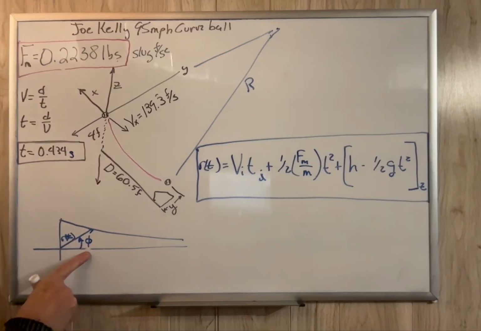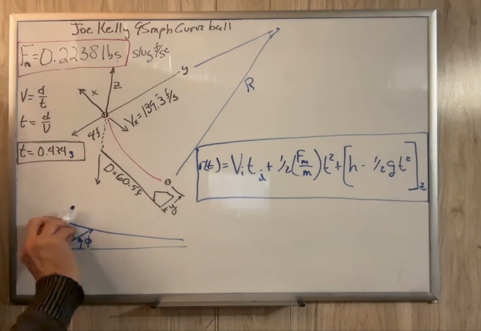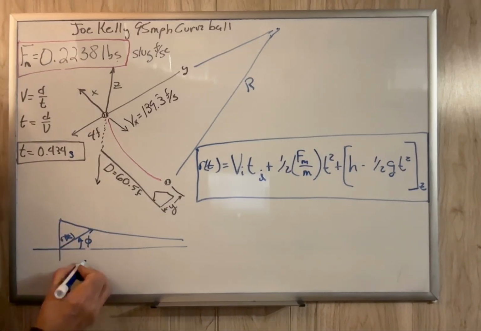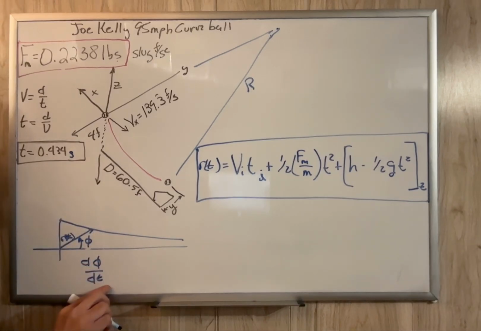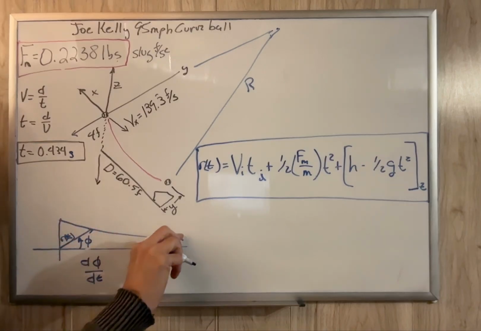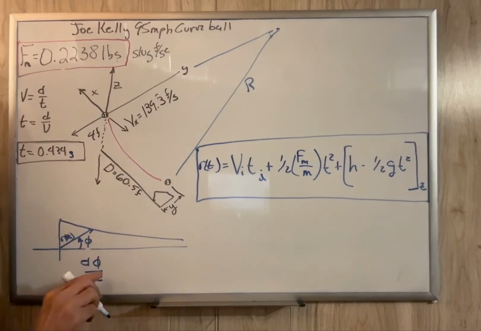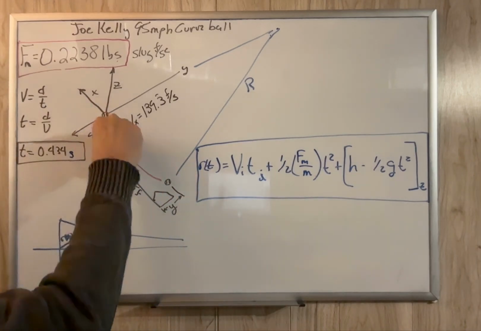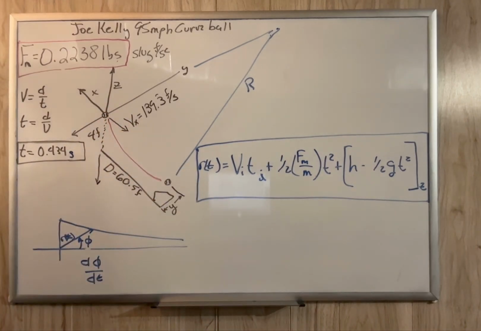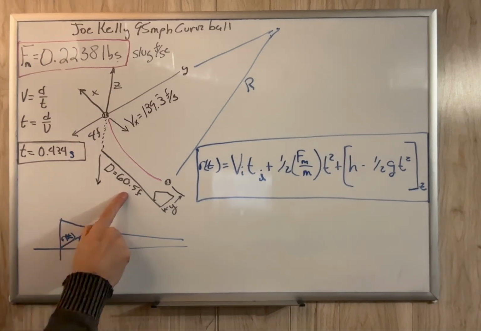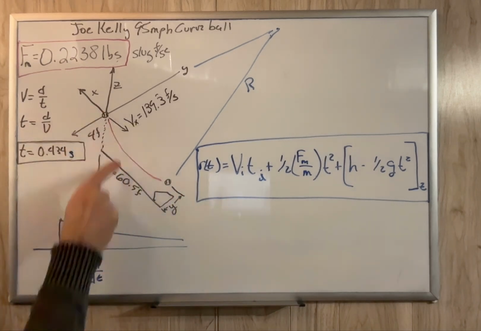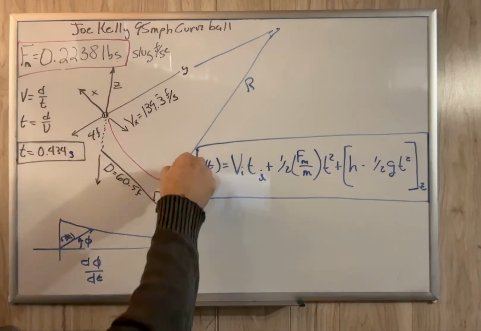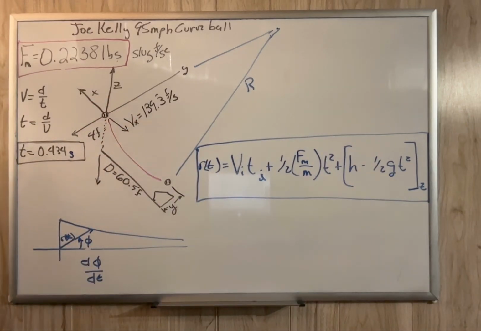Well, this angle changes as the ball moves, so there's going to be a d phi/dt, and that d phi/dt can tell you the curvature of this particular pathway. I'll show you how to find that, and I'll show you how to find the actual length the ball travels, other than just saying it's 60.5 feet. We will see that it's actually a little bit more than 60.5 feet because it takes an arced, curved path. All right, so that would be in part 2.